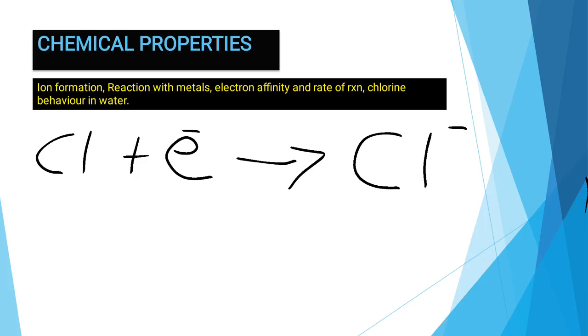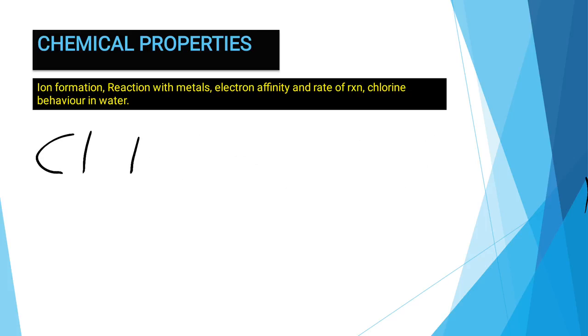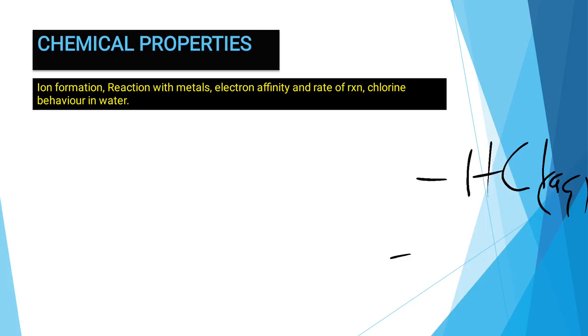This amount of energy that is released is called electron affinity. The electron affinity for chlorine, for example, is negative 349 kilojoules per mole. This happens every time a chlorine atom is forming an ion.